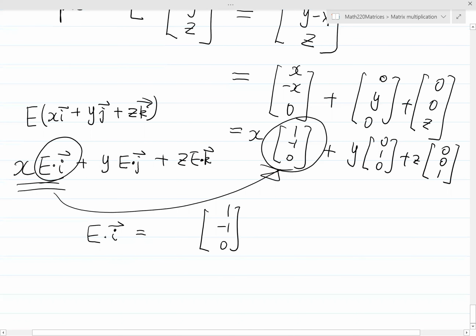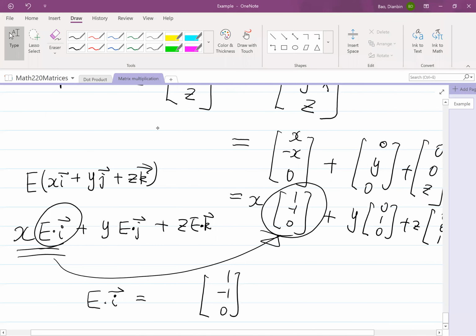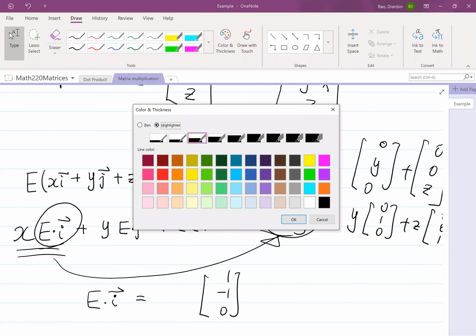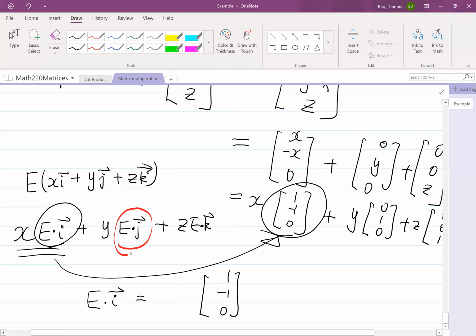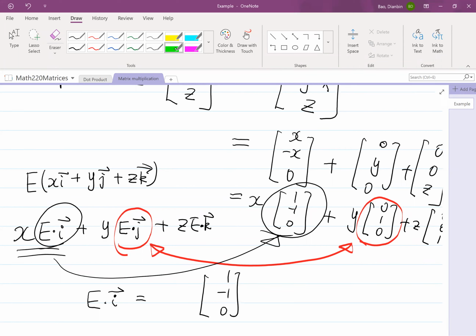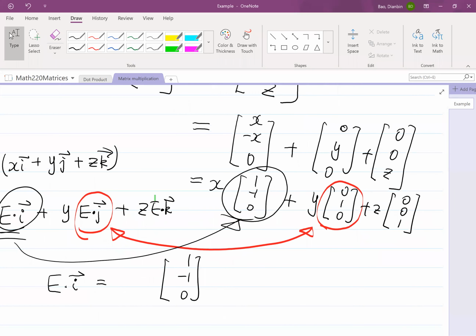If we compare this one, then you get the coefficients of y, and they correspond to each other. Now let me choose a different color. Let's compare z, the terms that have z, and they correspond to each other.